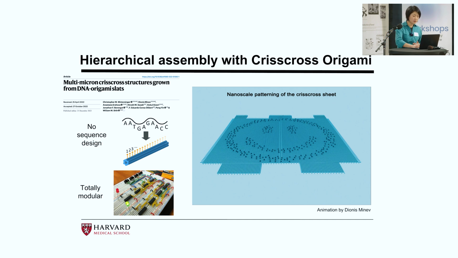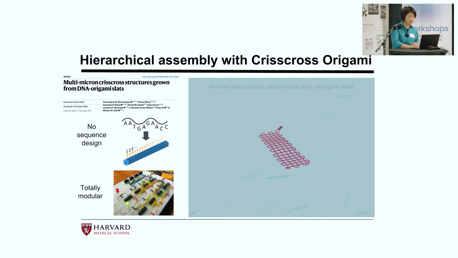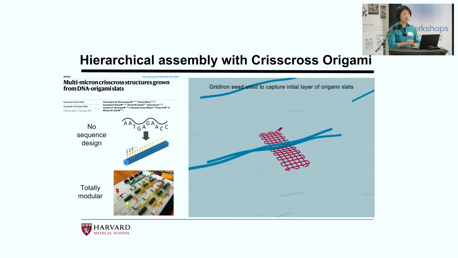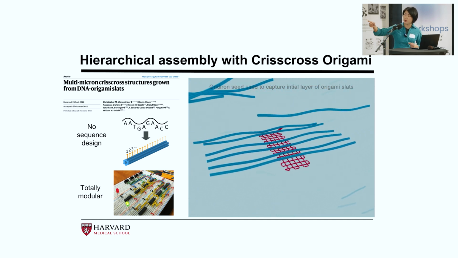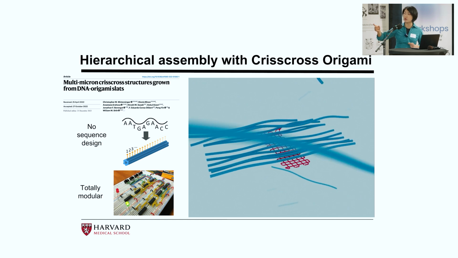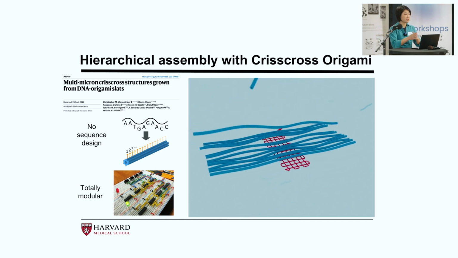Previously in the lab, we've developed a hierarchical assembly method that can produce these fully addressable DNA origami structures that are on the scale of micrometers. You can see in the video here, these structures are themselves formed of individual DNA components. In the red, that is a seed origami, and this is nucleating the assembly process.